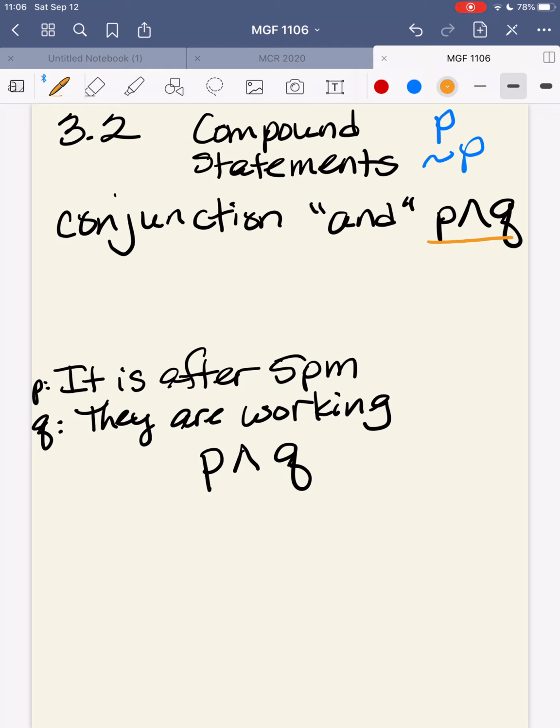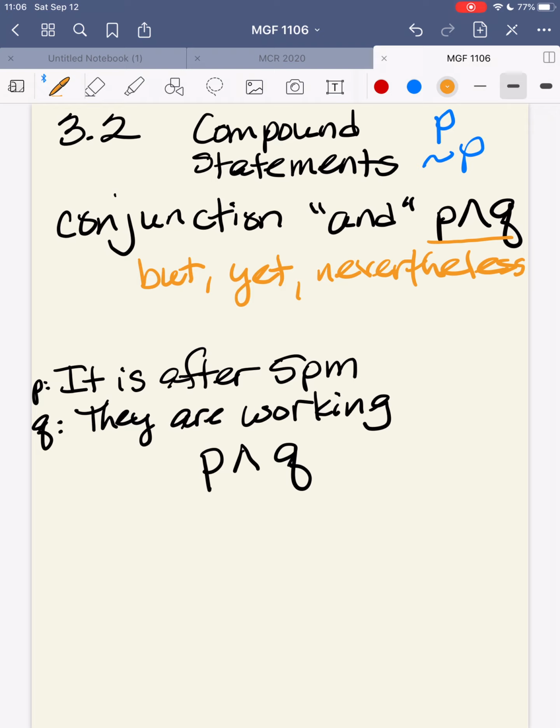All right. Other words that you can hear besides and are but, yet, and nevertheless. Okay. So you'll see both of those things going. So here I have two statements. P, it is after 5 p.m. And statement Q, they are working.